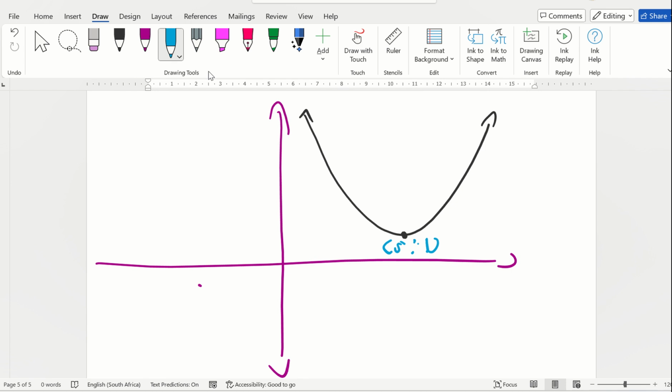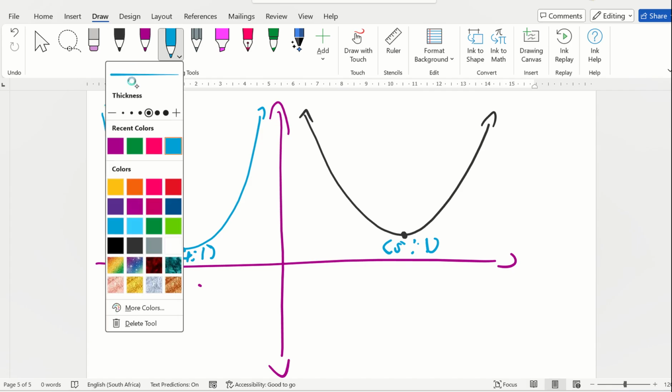Another one would be this one, let's do it in blue. The turning point is -4 and 1.